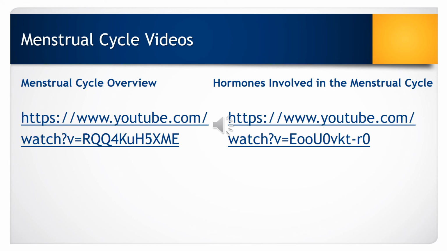Then the next video breaks down the involvement of the hormones in the menstrual cycle, into what the hormones do pre-ovulation and the responsibilities of those hormones after ovulation has occurred.